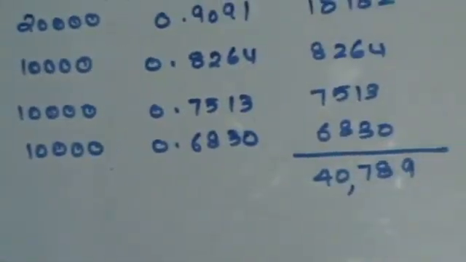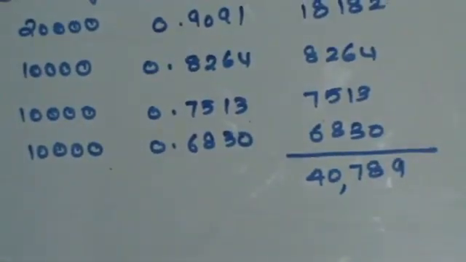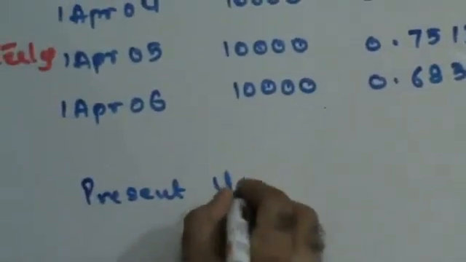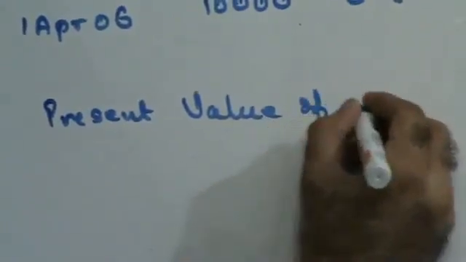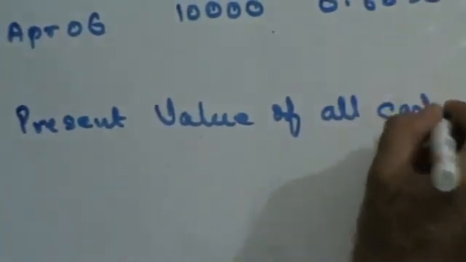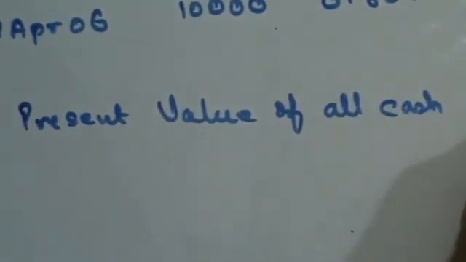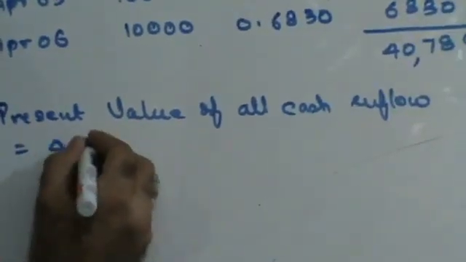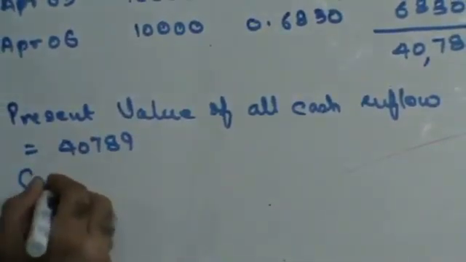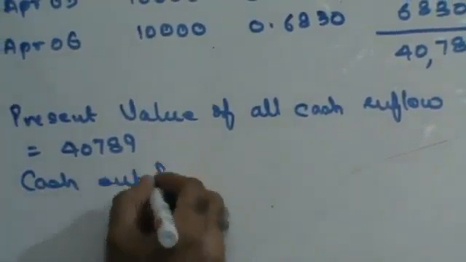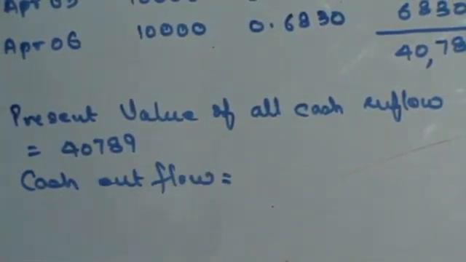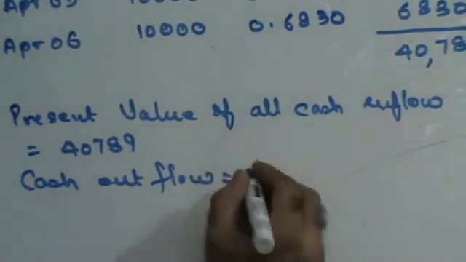Now 40,789 is the present value of all cash inflow. The cash outflow to buy this particular machine is 40,000.